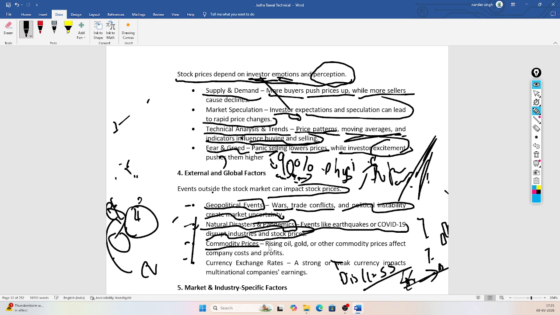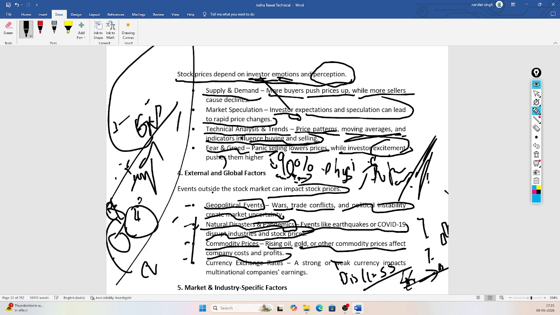Commodity prices: rising oil, gold or other commodity prices affect company costs and profits. Like nowadays, the shortage of gas. We need gas in every house, right?